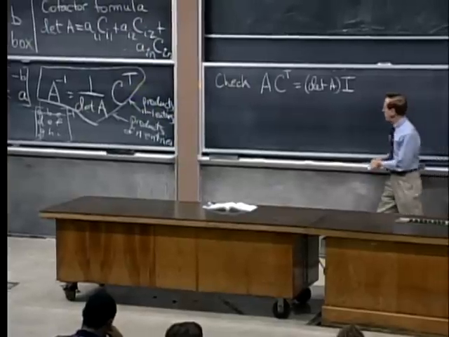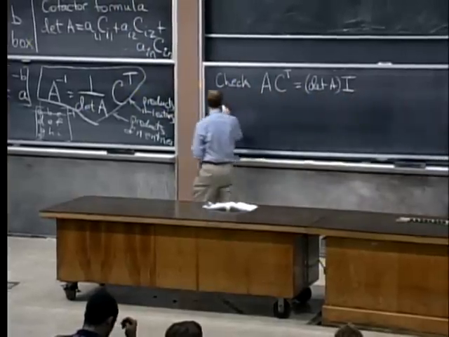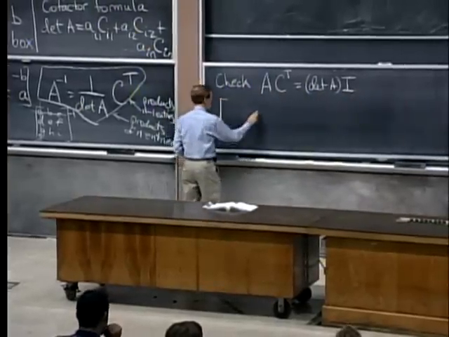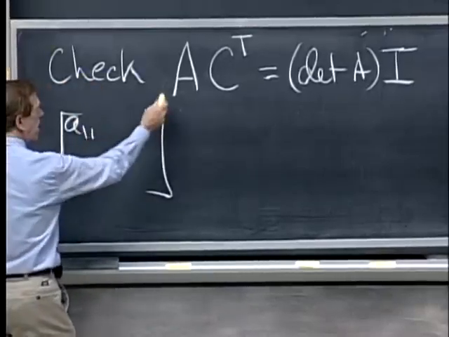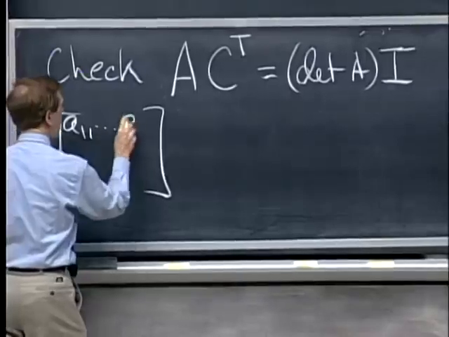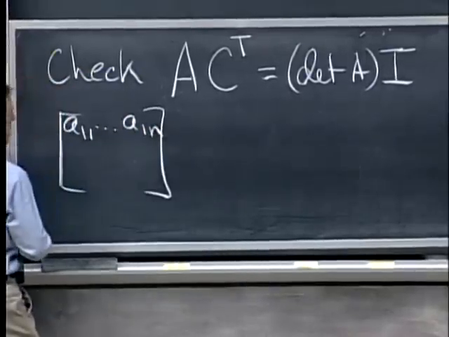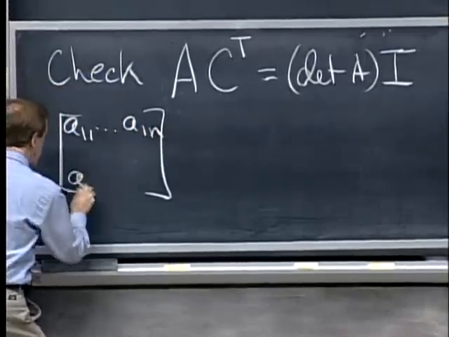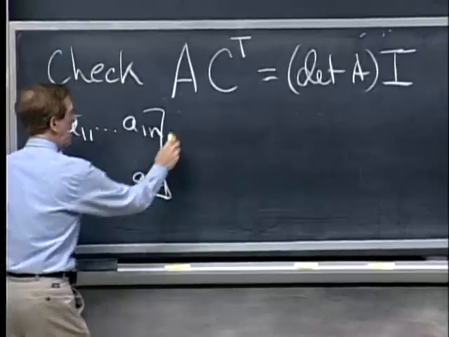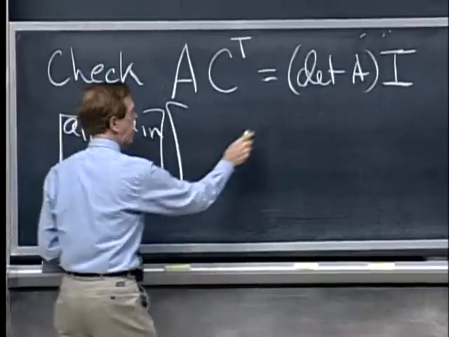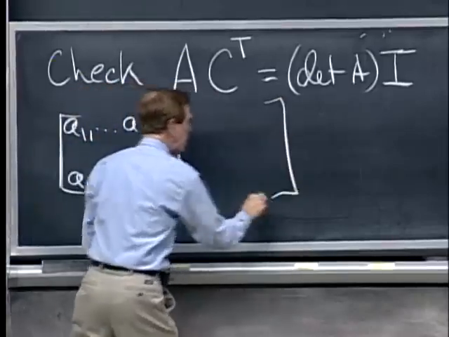Let me put down what I'm doing here. Here's A, with A11 along to A1n, and then down in this last row will be AN1 along to ANN. And I'm multiplying by the cofactor matrix transposed.